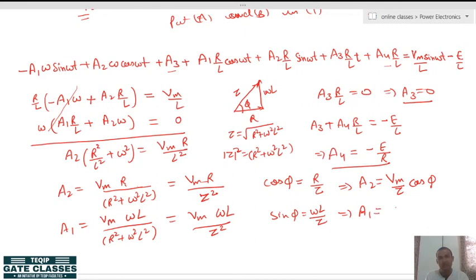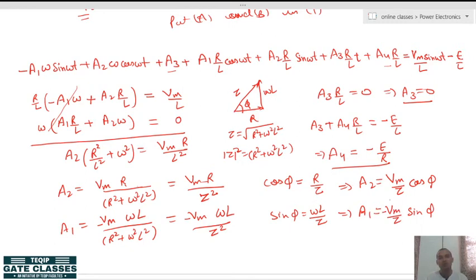This means a1 can also be written as Vm upon z sin phi. Oh sorry, a1 is with negative sign. Yes, a1 is with negative sign. Alright, so we have got all the coefficients.